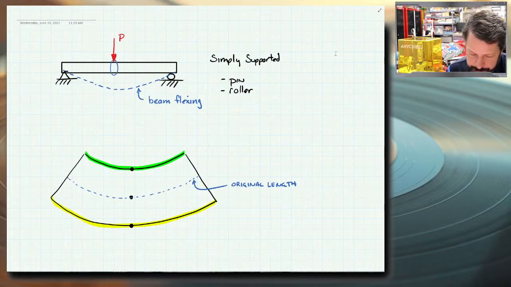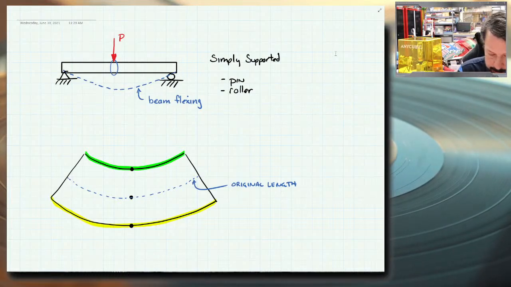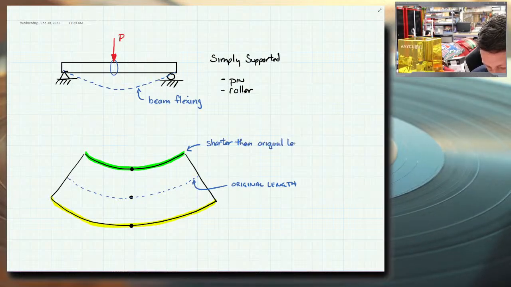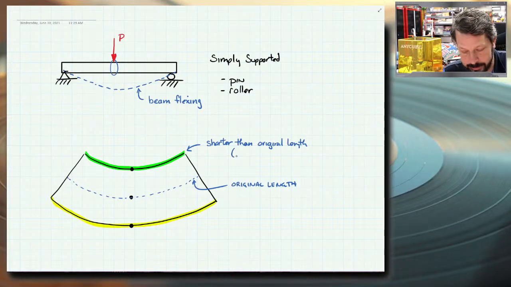All right. So the original length doesn't have any change in length. So there's no strain. Remember, strain depends on there being some sort of change in length, or at least axial strain does. The green line is shorter than the original length, which means that if it got shorter, it has a negative strain here.